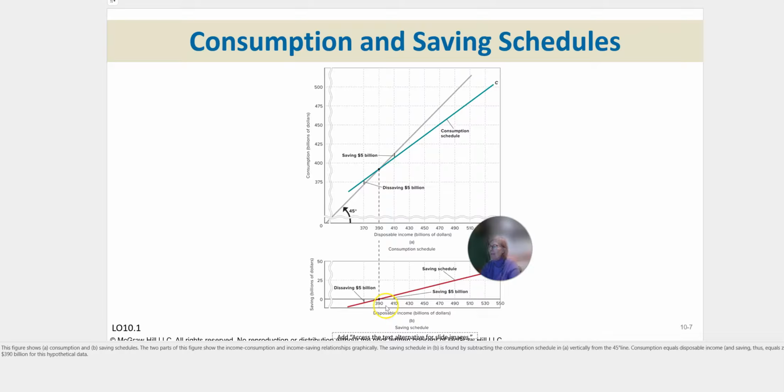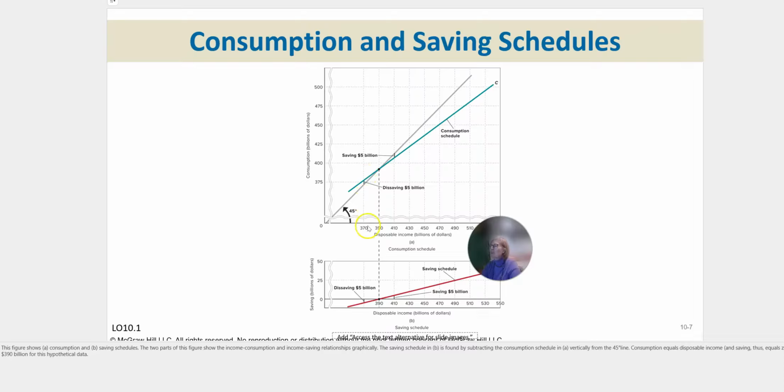If we go down here, this one shows disposable income, just like this did, in billions of dollars. But whereas this measures it against consumption, this measures it against savings. And here, there is dissavings, so it's below 0. This is 0. It is below 0 here. This is the minus.